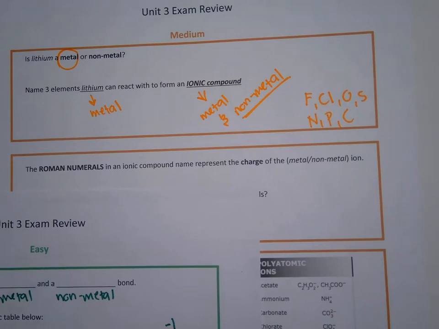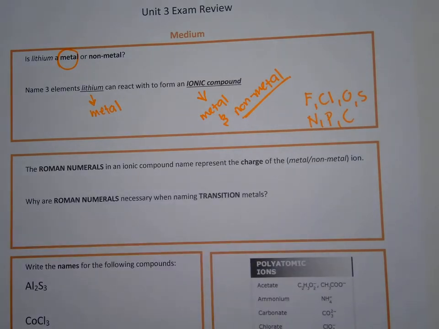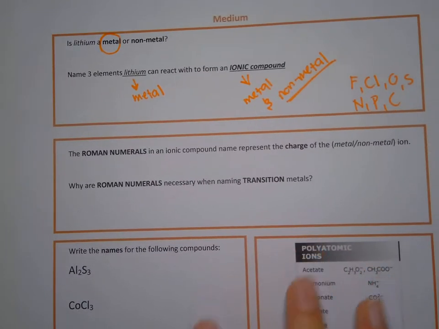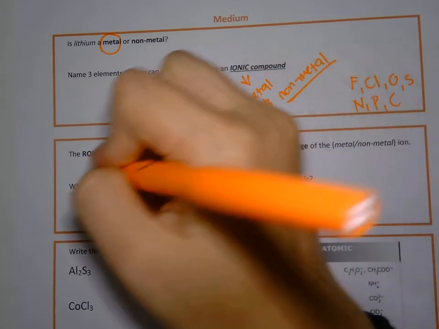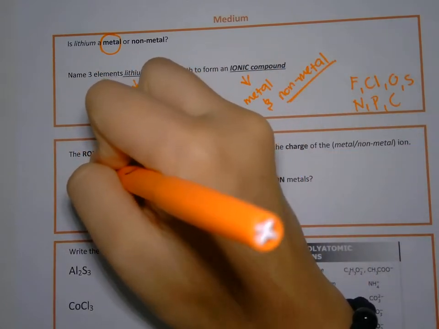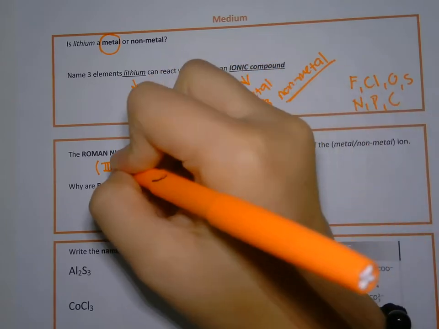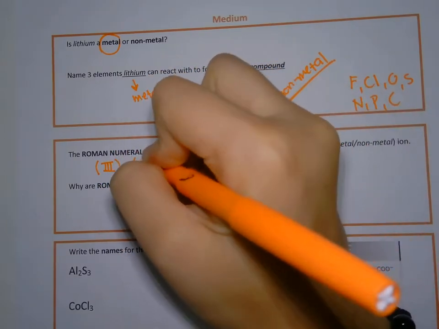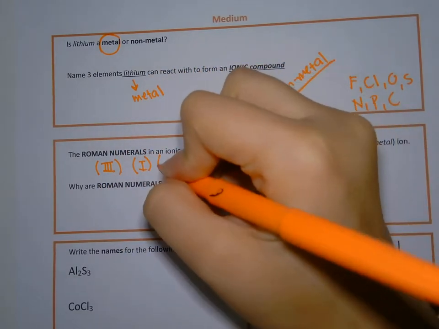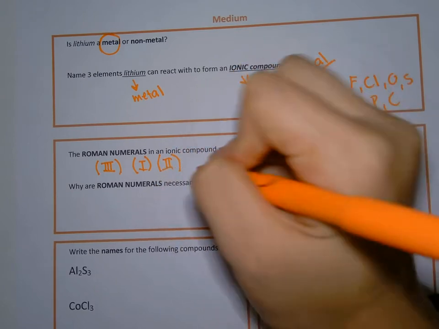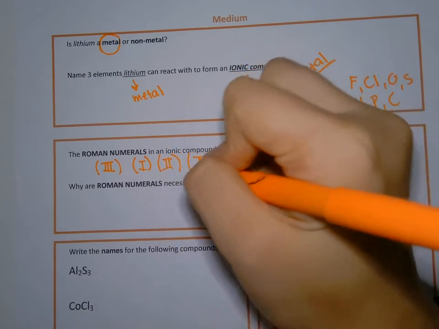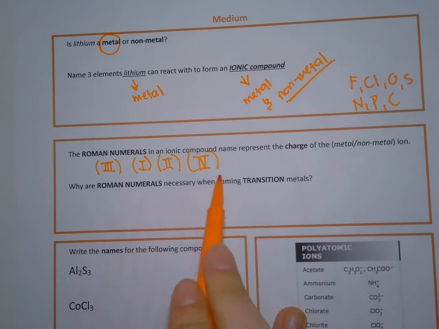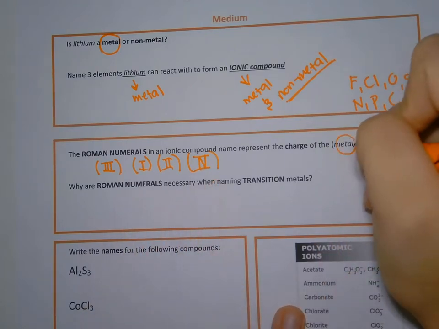All right. The Roman numerals in an ionic compound represent the charge of the metal. So anything that is within the parentheses and it's like a number 3, or it's a number 1, or it's a number 2, or it's a number 4, any of these represents the charge of my metal.